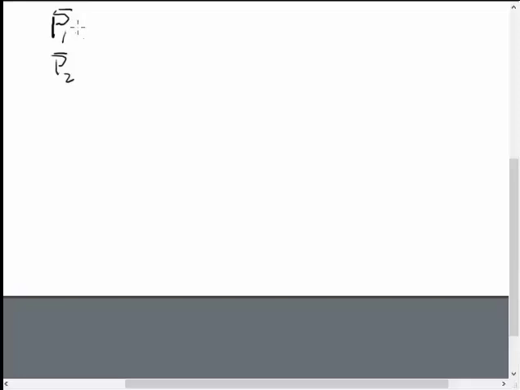My first position vector, we'll give it a value of x of 3 and y of 4. And then the second position vector, we'll give it -1 and 2.